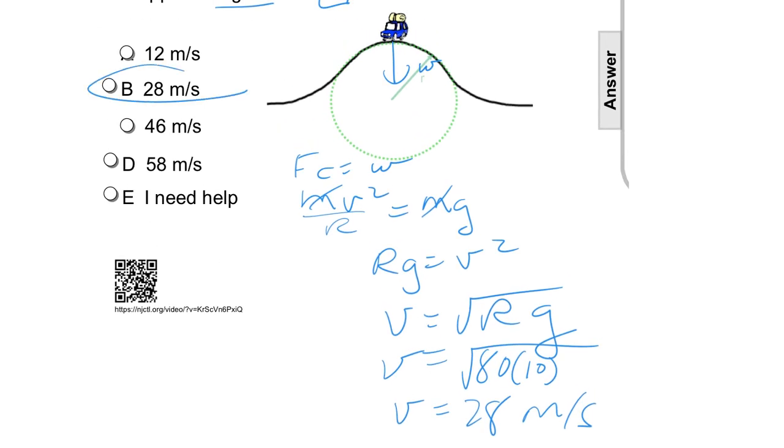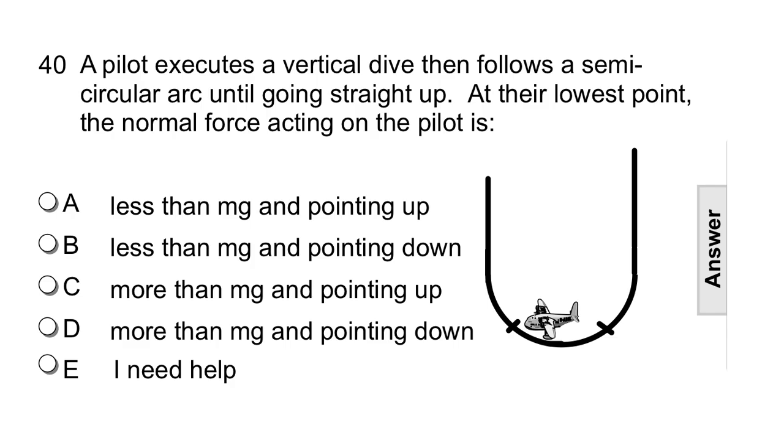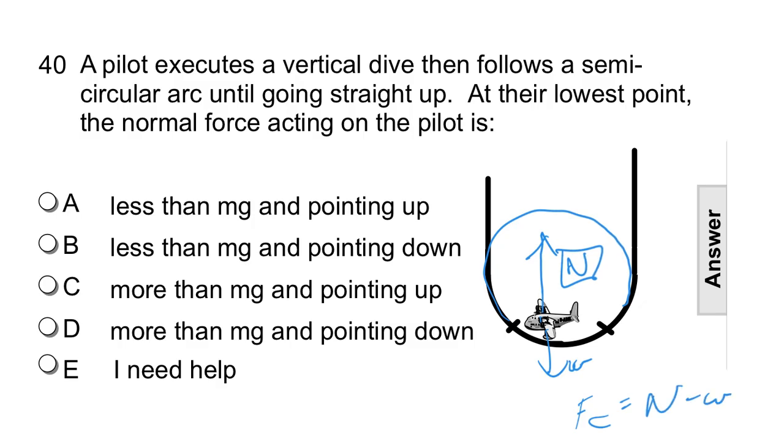So that's what they got too. Okay, so this is at the bottom of a circle. And the weight of the plane, of the pilot, is downwards, and the normal force is upward. But the normal force better be greater than the weight. So the centripetal force is pointing upwards.